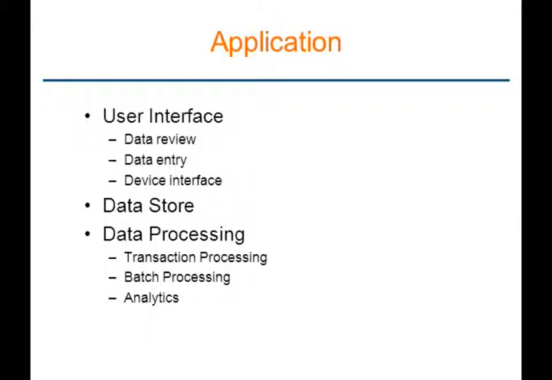The other side of the application is data being stored, because users are looking at and manipulating the data, but that data is actually stored in the data store. An application itself gets the data and then processes it. The various kinds of processing possible in today's applications are transactional processing, batch processing, and analytics.